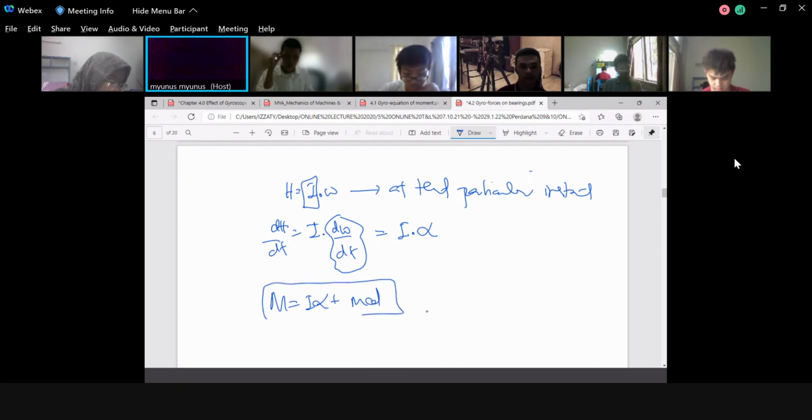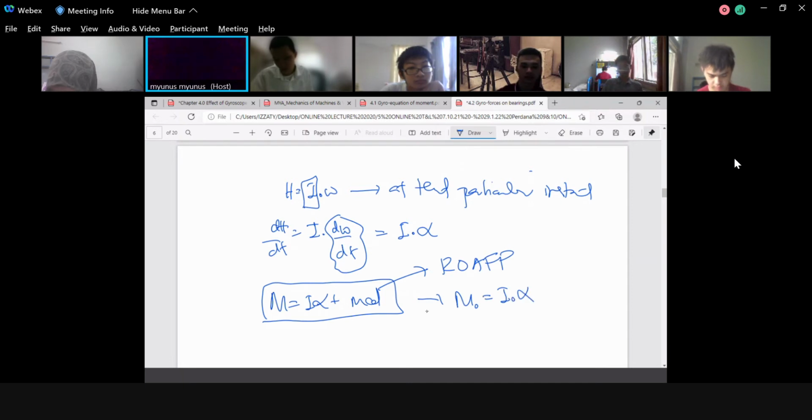A general equation for rigid body motion, remember? And when rotating on a fixed point, a special topic, you have M equal to I alpha, correct? This one is rotating on a fixed point, so you can use this one also as M. You have this one equation.